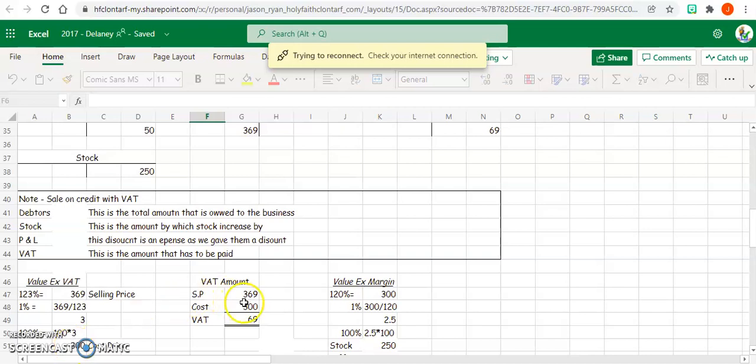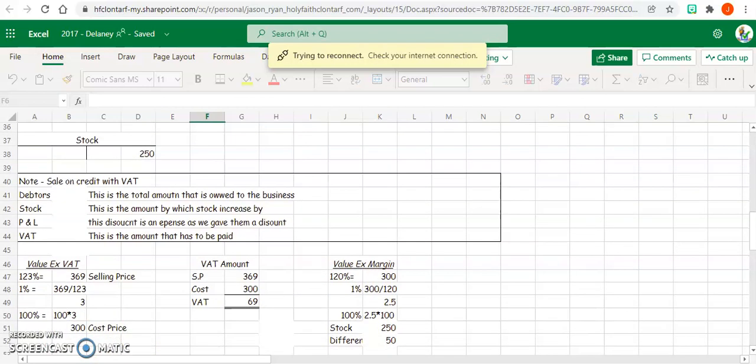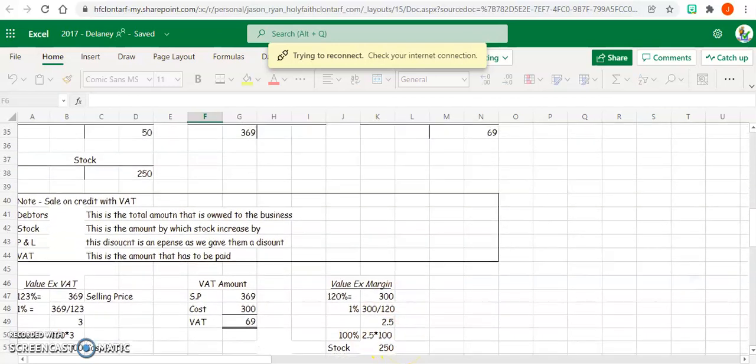So if we sold it for 690 and our cost price is 300, then the VAT then is going to be €69. Now on cost then, our cost was 120%. So we get 1%, it's 2.5. So 100% then it's going to be 250. So the stock that we sold is 250, and the difference then is the profit that we made.